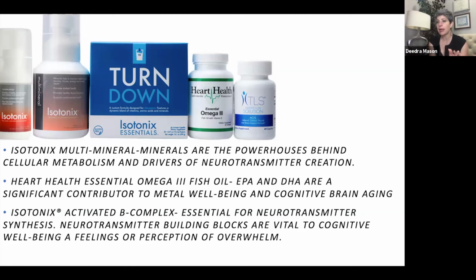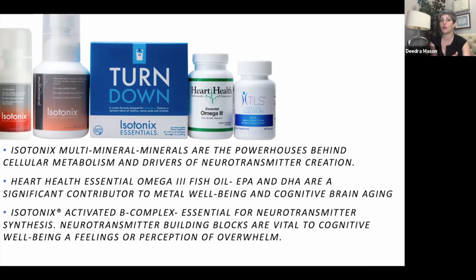Activated B complex, again, when we think about the ability to make serotonin, dopamine, and many of these neurotransmitters that can keep the mental balance in our lives, especially if we're hyperstimulated, overly stimulated, in front of devices all the time. And we very much want to focus on whether we identify with the mental emotional bundle or the balance bundle or not.